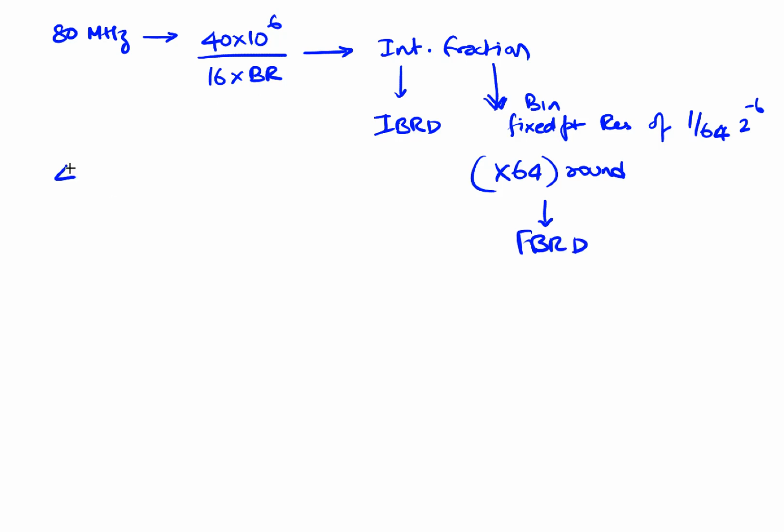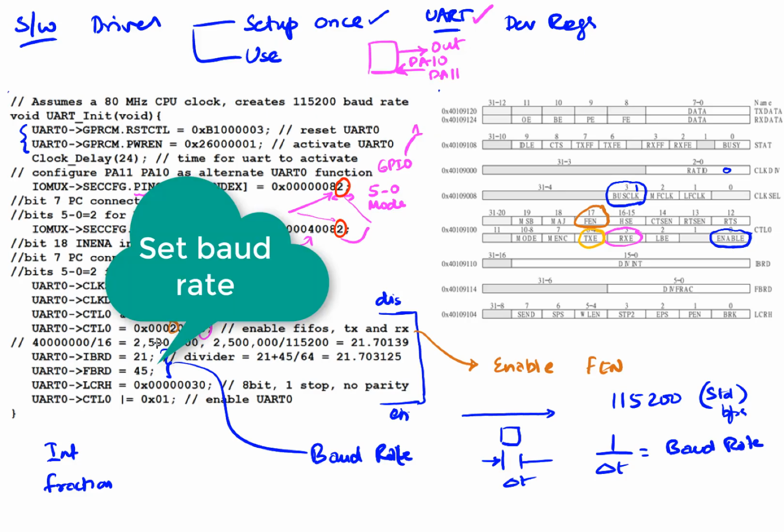We're taking this number, 40 times 10 to the power of 6, over 16 times 115,200. So we did the division. We got 43.402, and the 43 goes here. We take the 0.402, multiply that by 64, and round it, and we get a 26.